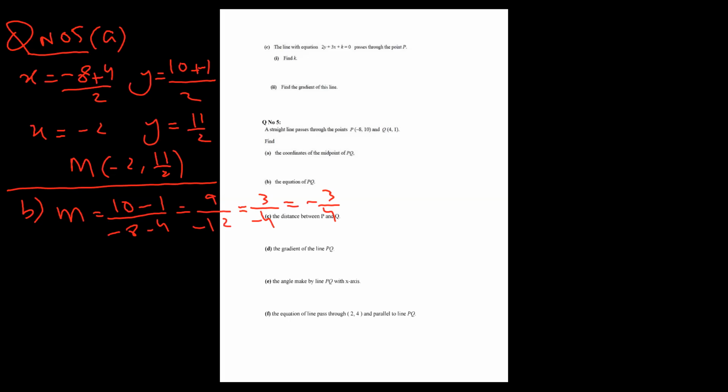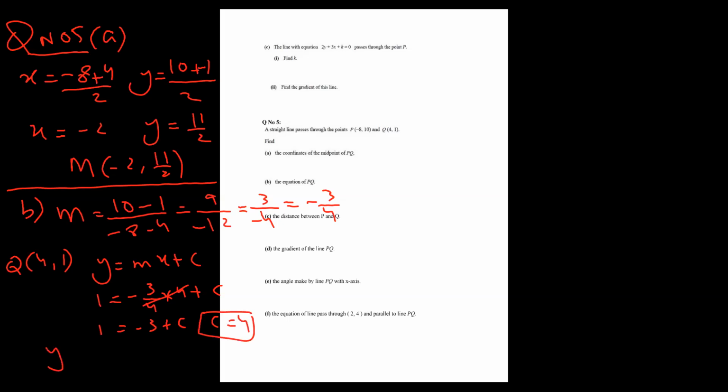But what is the equation of line formula? Use any coordinate, use P or use Q. I use Q. Reason: fewer negative signs. So y is 1 and m is minus 3 by 4, x is 4. This 4 will cancel, and the c value is 4. So the final answer is y equals mx plus c. So this is part B.